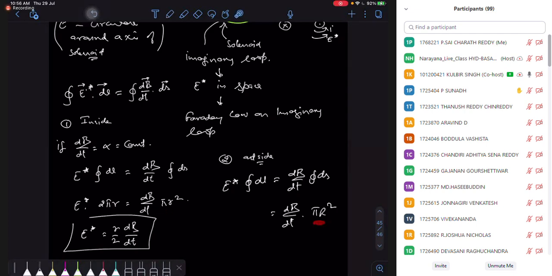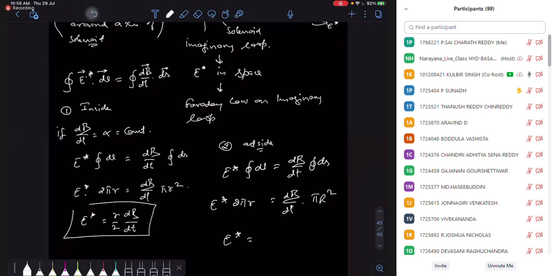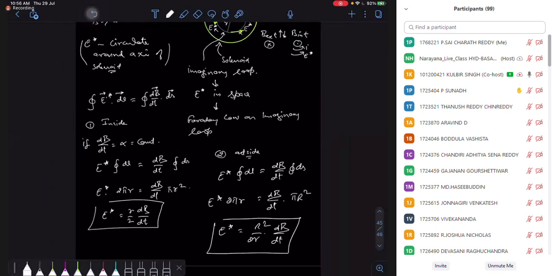If you are outside, flux is up to the full radius, right? This side you're going to have 2 pi r. So my electric field outside is slightly different from the electric field inside. It's R squared by 2r dB by dt. Right, I hope you understand the point, yes?